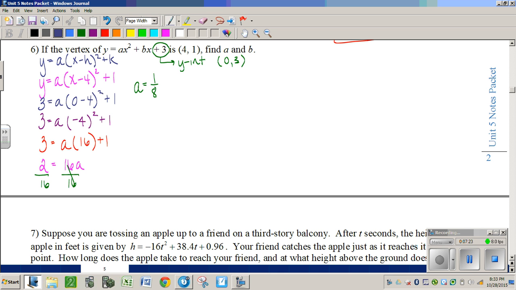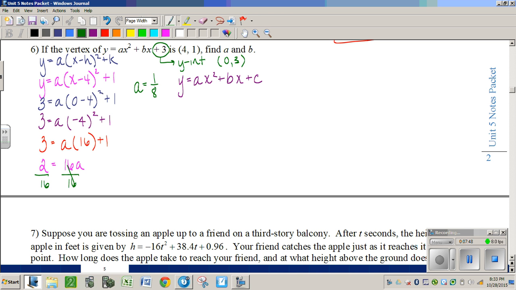Okay, so I'm going to use the point (4, 1). Even though it's my vertex, I'm going to use it in my standard form, because regardless of the fact that it's my vertex, it's still a point on my parabola. So taking the standard form and filling in what I know, there won't be any other variables left to solve for except for b.